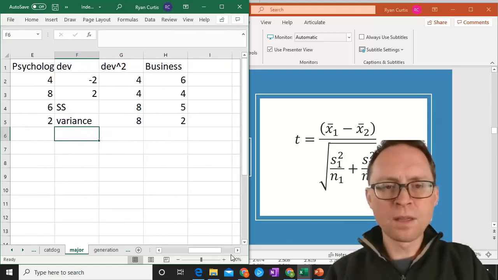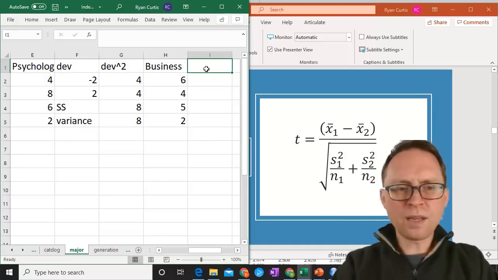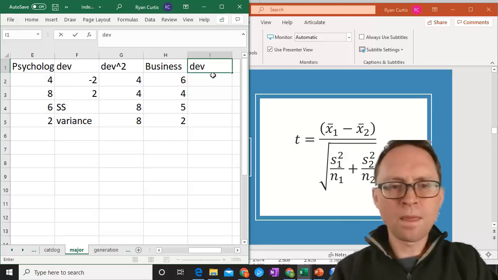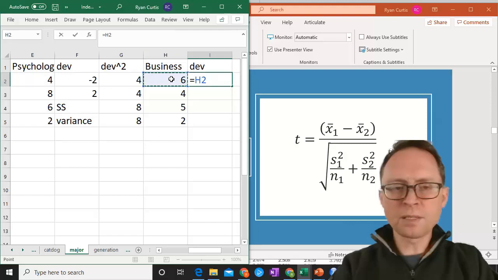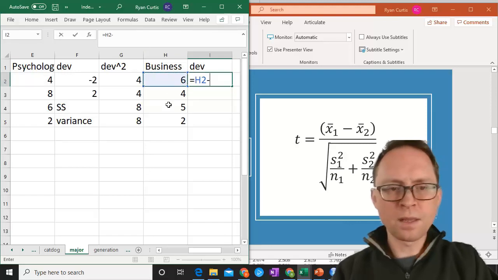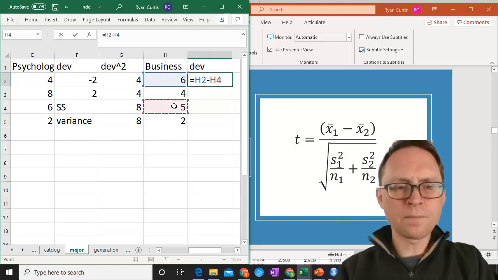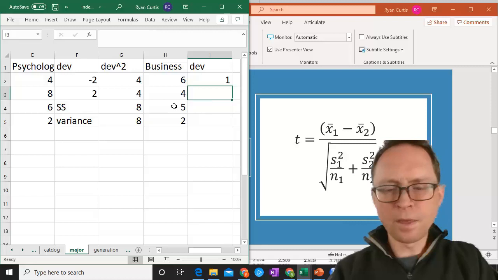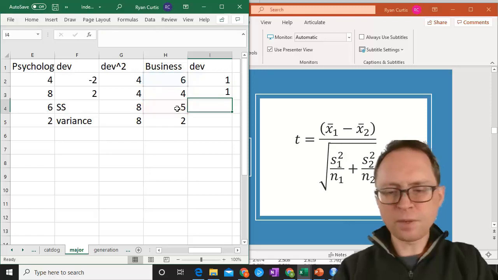Let's do the same thing then for our business majors. So we've got the deviation, which is x minus x bar right there. Okay. And then this is x minus x bar right there.